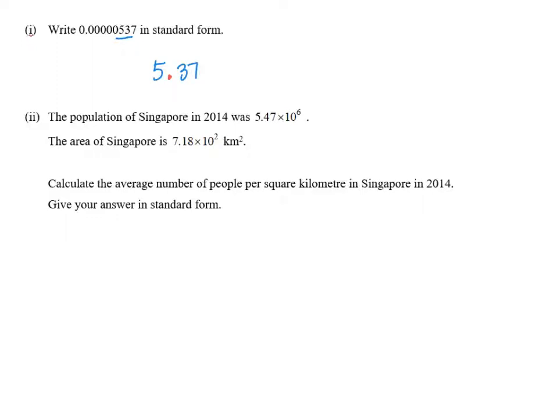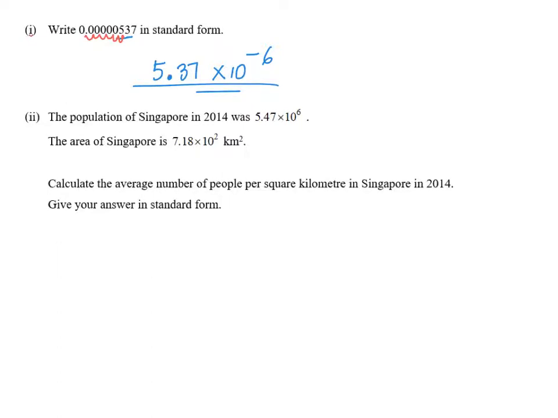So if I have my decimal place at 5.37, I need to multiply by 10 to the power of a positive or a negative power. Which one is it? This is a very small number, so the power will be negative. So we count negative 1, 2, 3, 4, 5, 6. So this will be a power of negative 6. 5.37 times 10 to the power of negative 6.